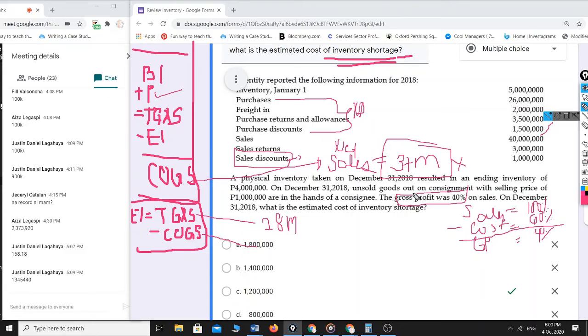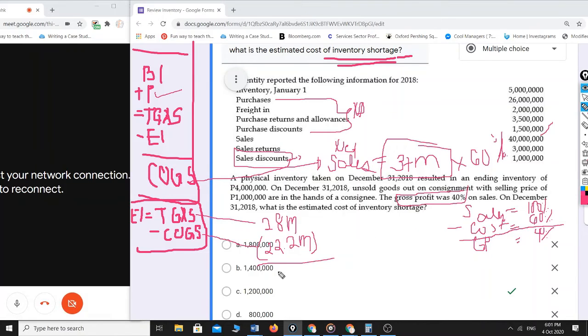It means sales times the cost rate, or the percentage of cost, 60%. So, 37 million times 60% is 22.2 million. So, back to our formula for ending inventory. We have 22.2 million here. So, TIGAS minus COGS, our ending inventory is amounting to 5.8.